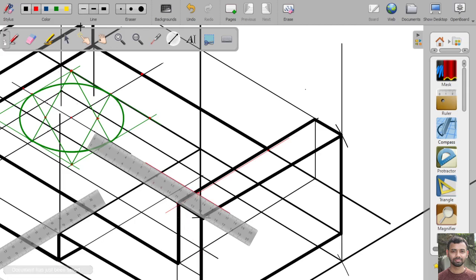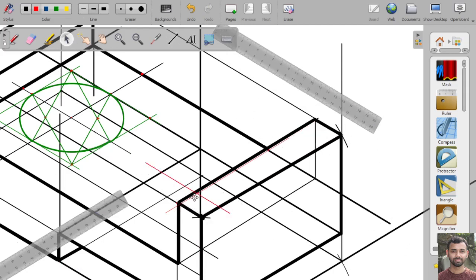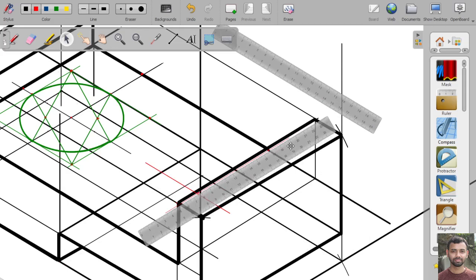Okay, it will be like this. Okay, so this is the center point.